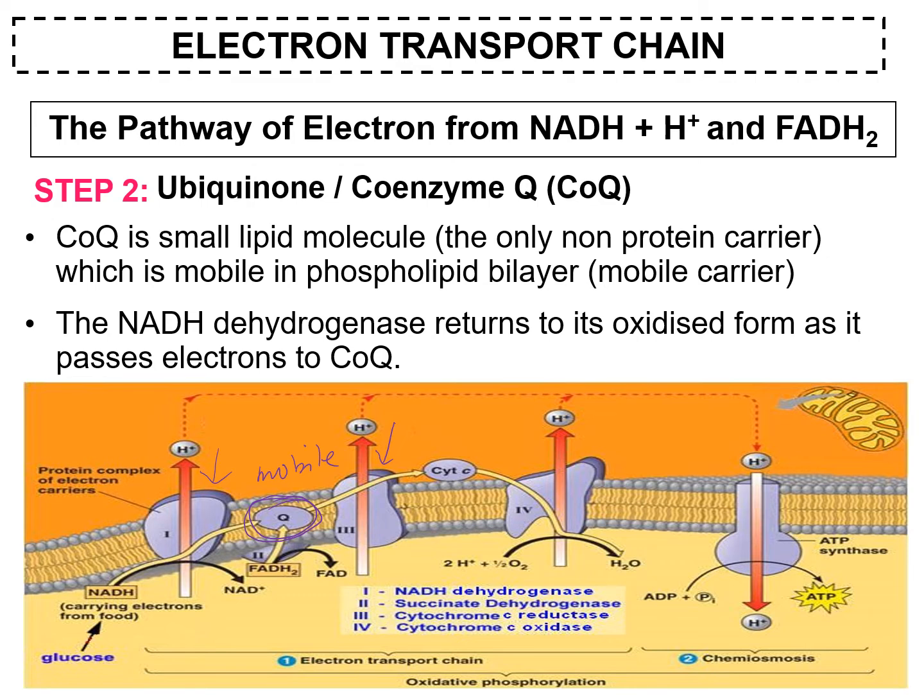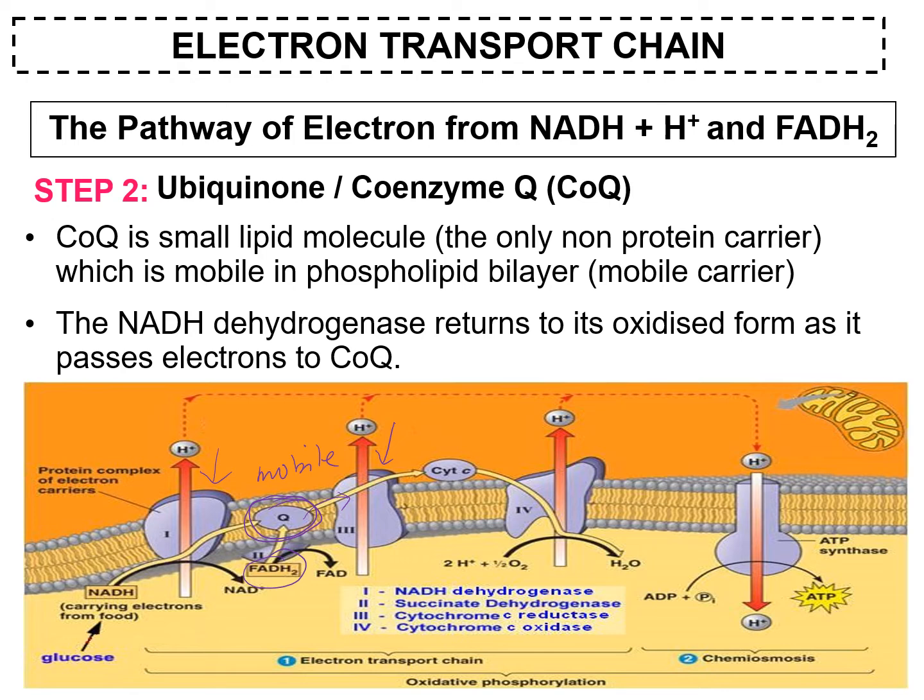So it can move from here to here. So it is mobile. So it receives the electron from FADH2 and passes the electron to complex 3.